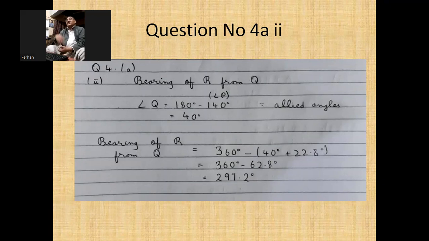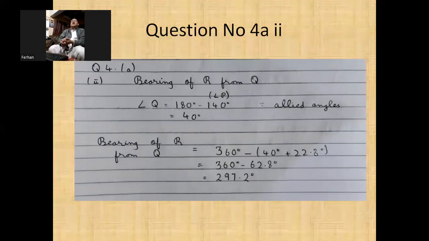That's 40. This is the same procedure which I showed you. The bearing of the R from the Q will be 360 minus 40 plus 22.8, and that will be 360 minus 62.8, and 297.2 degrees. I hope you understand how we found the bearing of the R from the Q.